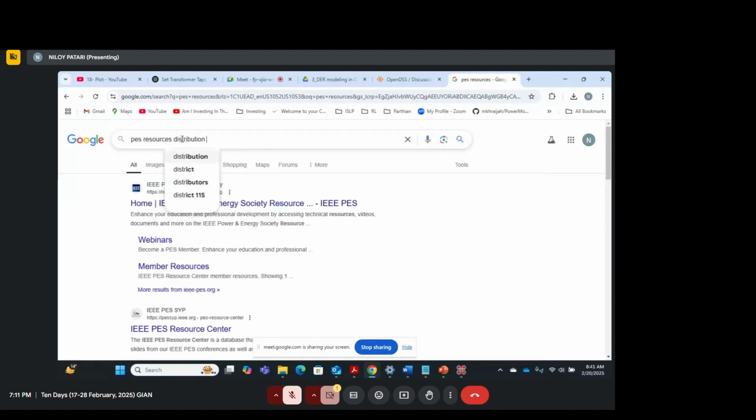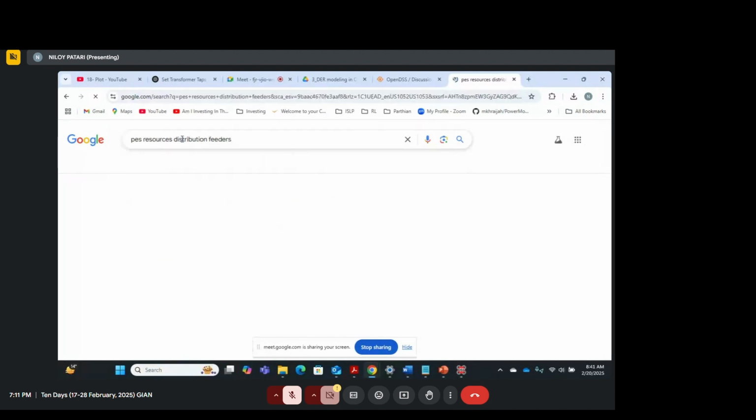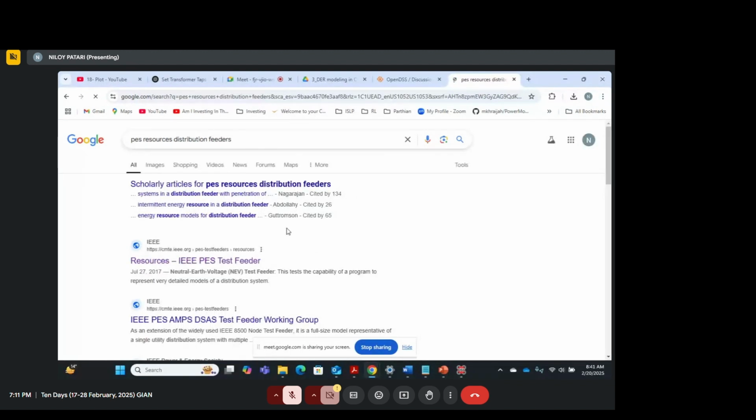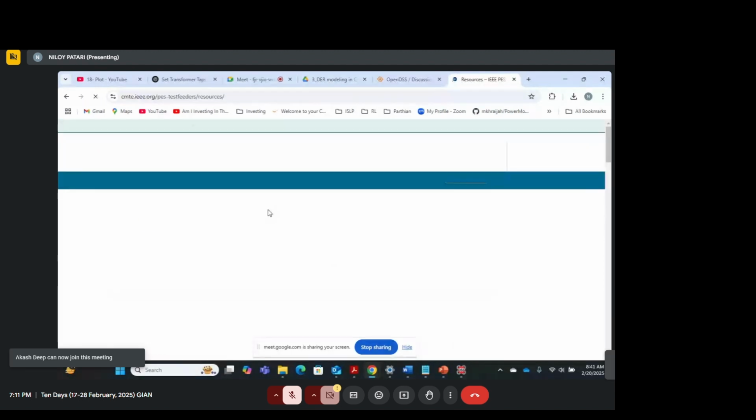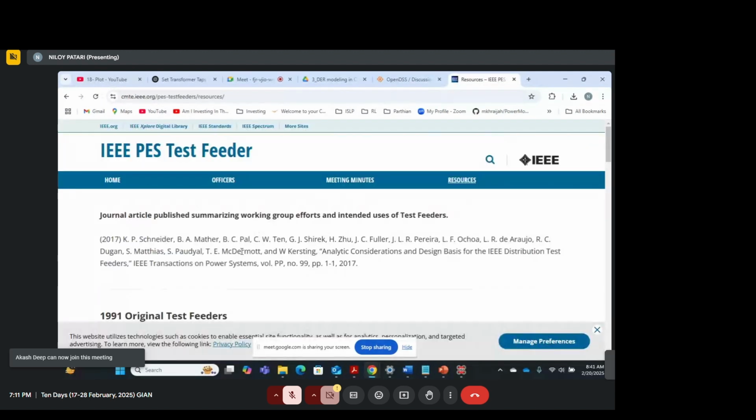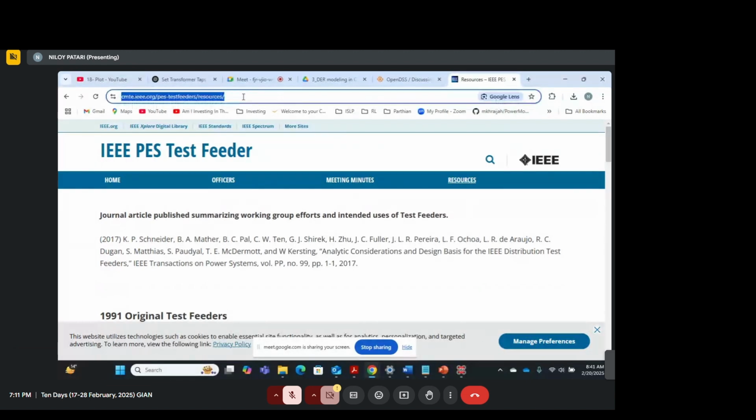Distribution feeders. It sends you to this IEEE PES resources page. So, IEEE PES test feeder, I'm putting that in the chat.